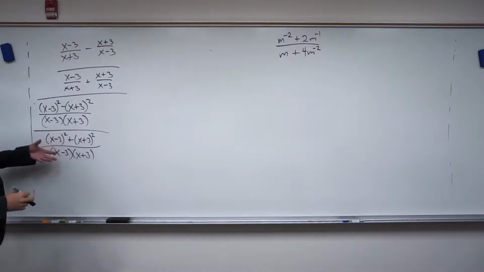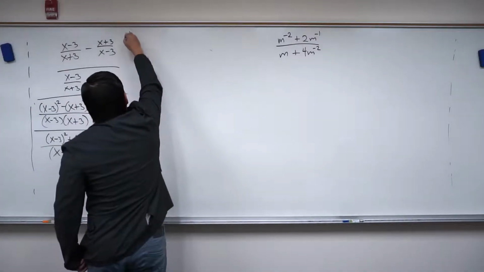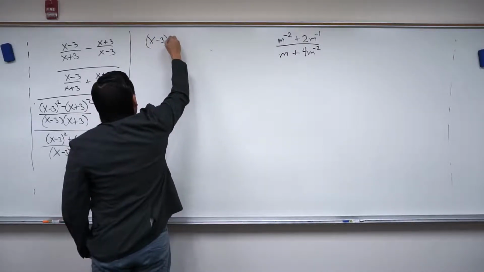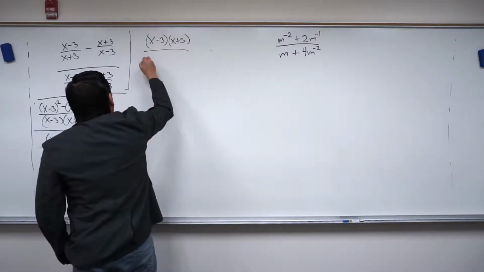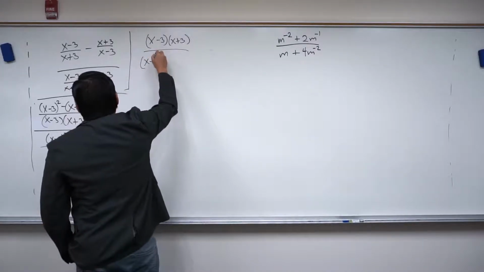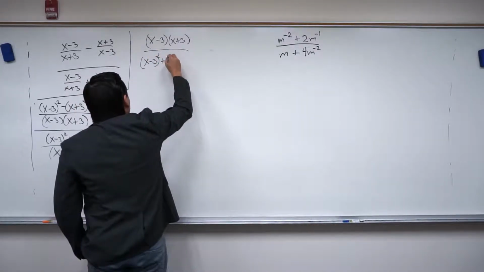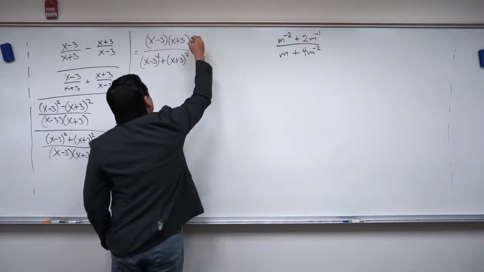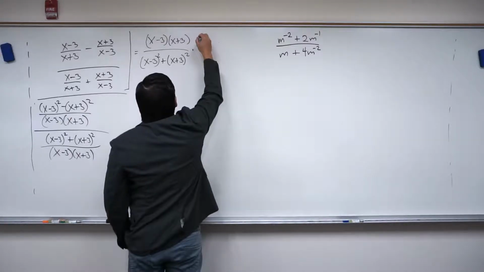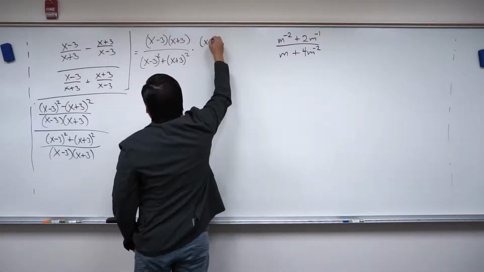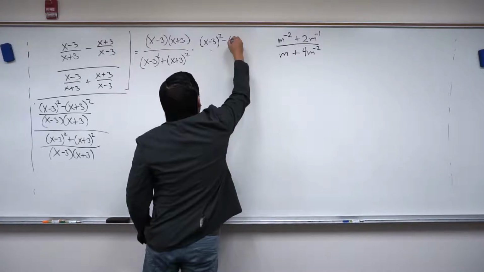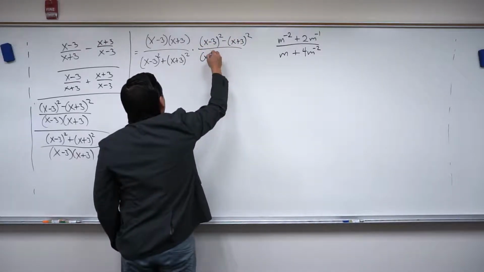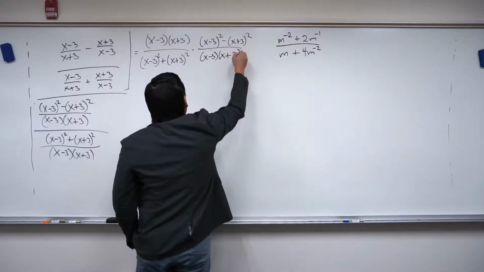Okay. So flip the bottom. And then multiply it to the top, which is going to be x minus 3 squared minus x plus 3 squared, all divided by x minus 3, x plus 3.